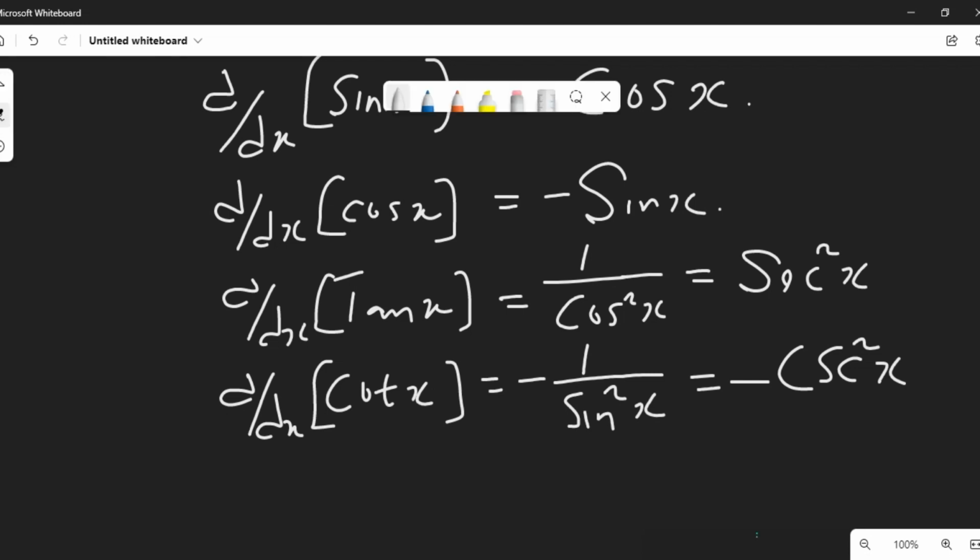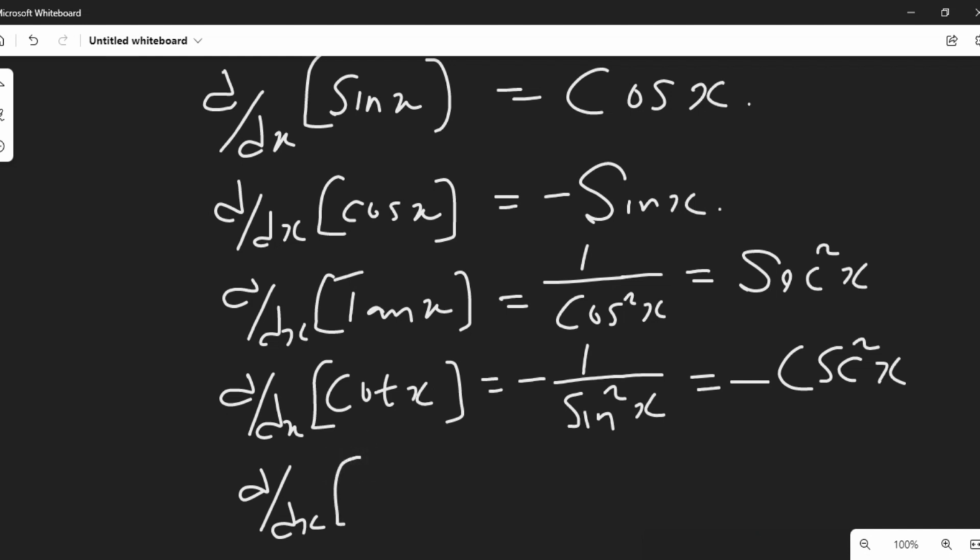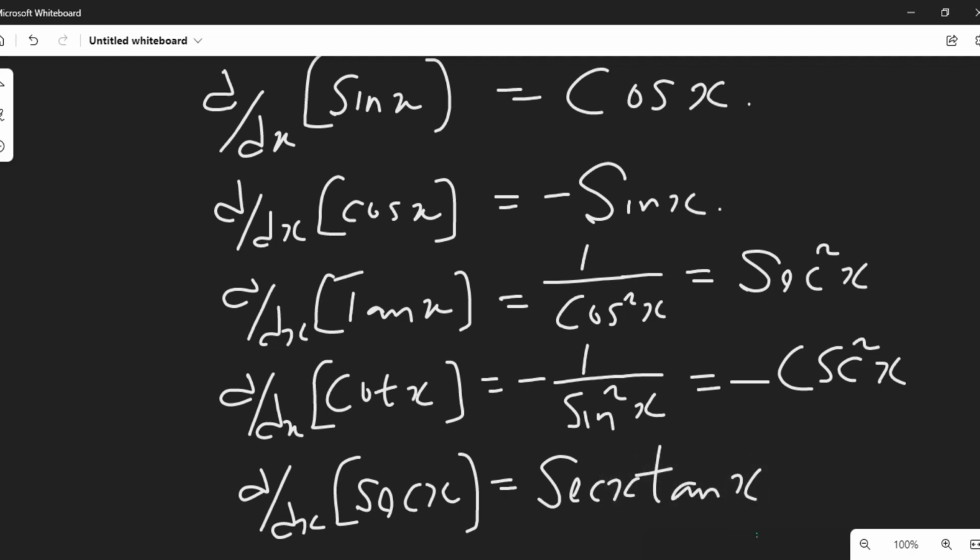Now let's look at the derivative of sec x, which will be equal to sec x tan x. In some situations, you can also find it as tan x sec x.